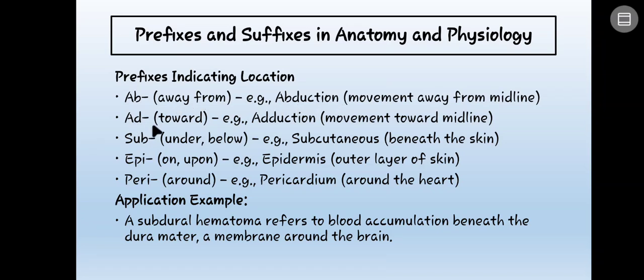Good. AD means at, toward, it means towards. Example, adduction. Adduction, movement towards the midline. Sub, S-U-B, sub means under or below. So when you see a word like subcutaneous, cutaneous refers to the skin.